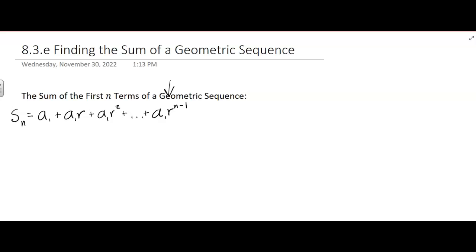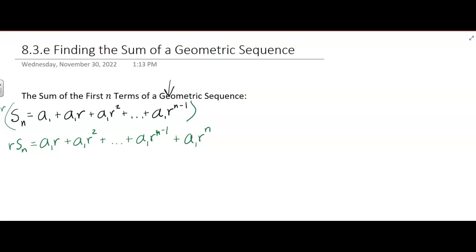Okay, now keep that equation in mind, and then we're going to take that equation, we're going to multiply the whole thing by r, and you're going to get r s sub n equals a sub 1 r plus a sub 1 r squared plus, and then you'd have a sub 1 r cubed, but we're not going to write that one, plus, and then I'm going to have a sub 1 r to the n minus 1, oops, plus a sub 1 r to the nth.